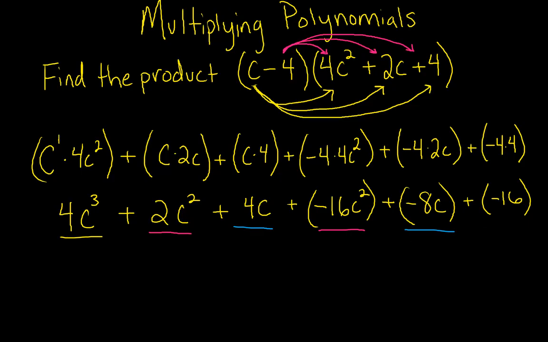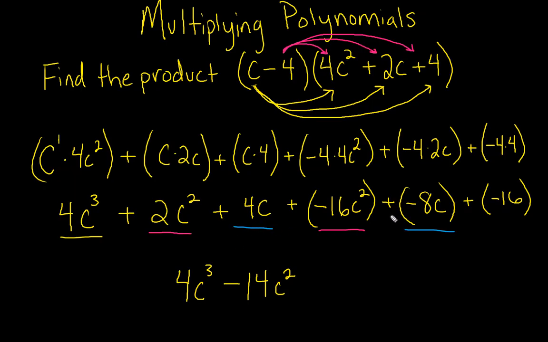So as we combine like terms, 4c cubed just stays 4c cubed. We combine the 2c squared minus the 16c squared, and that becomes a negative 14c squared. Again, that's just 2 minus 16 gives you negative 14, and the term stays the same. It's c squared. Since now we are combining like terms, we're not multiplying, we're just adding and subtracting them.